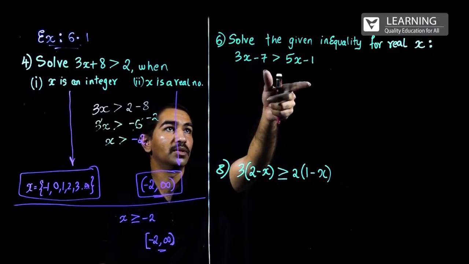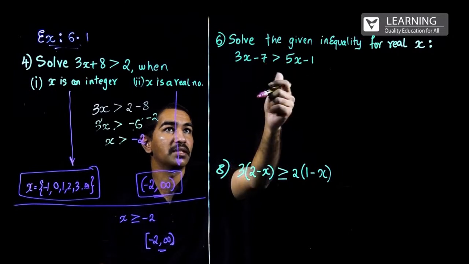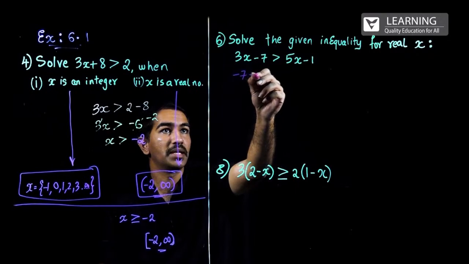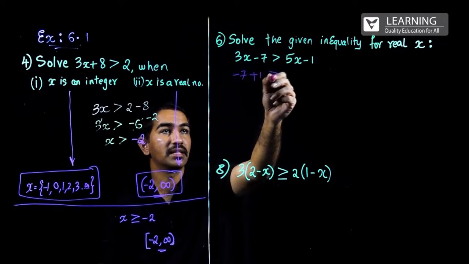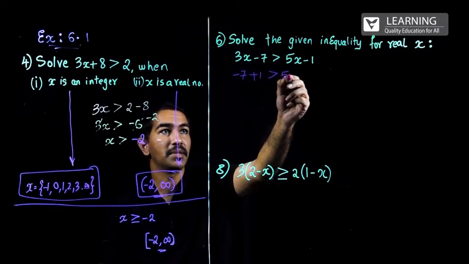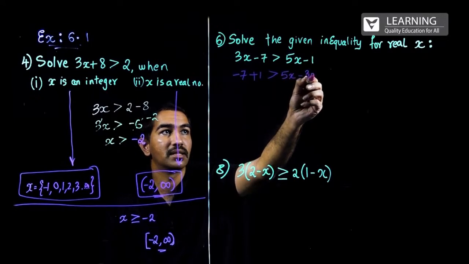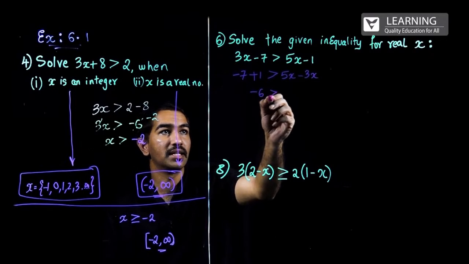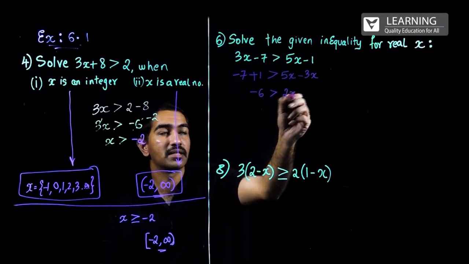So if you do the necessary operations here, what will happen? This will look like minus 7 will be here only. So this will become plus 1, greater than symbol as it is. So this is becoming 5x minus 3x. What do we have here? Minus 6 greater than 2x.